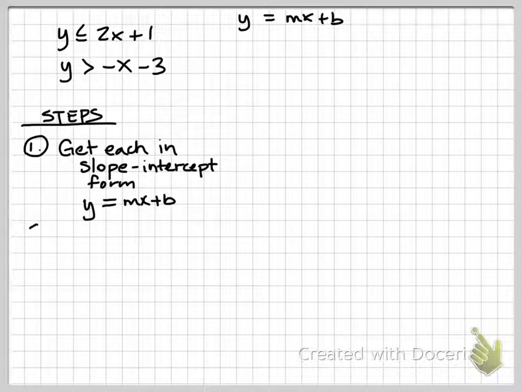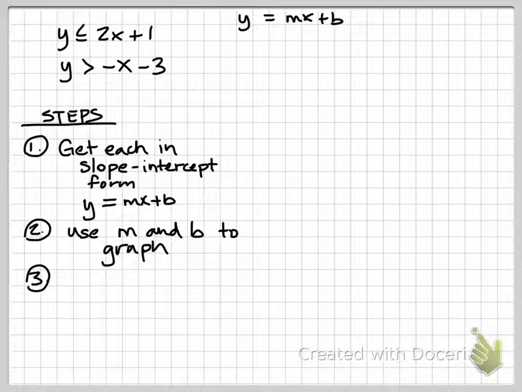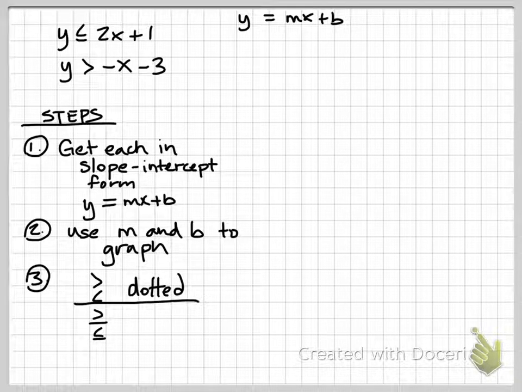Step 2, you're going to use your slope and your intercept, and you're going to graph. Step 3, you're going to decide on solid or dotted lines based on what the symbol is. So less than and greater than are dotted. Greater than or equal to, less than or equal to, these are both solid.